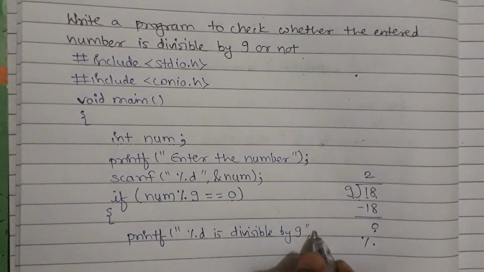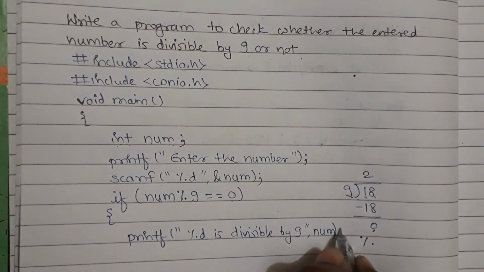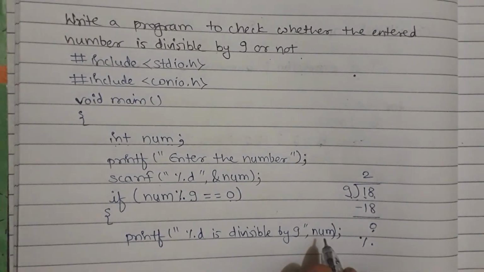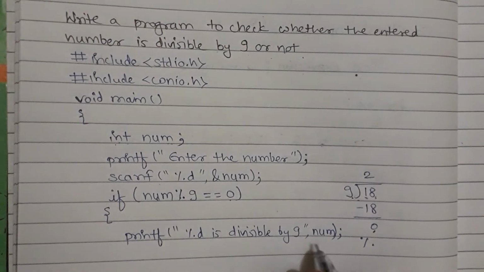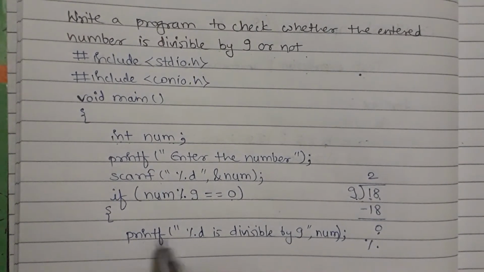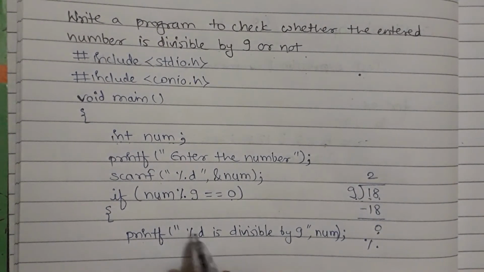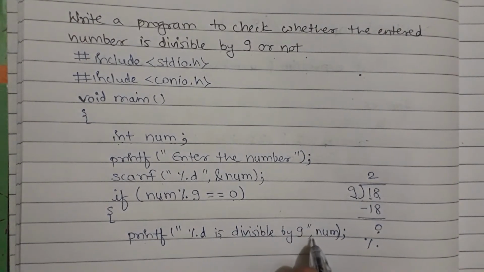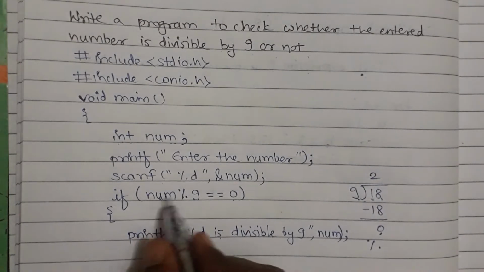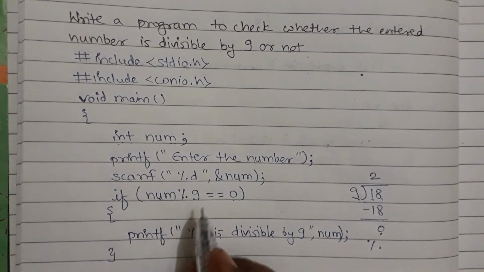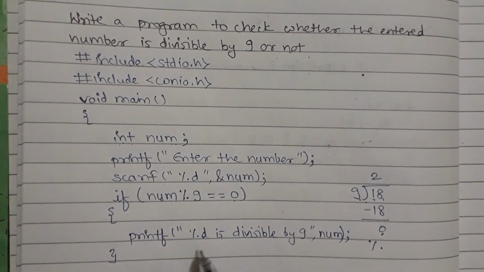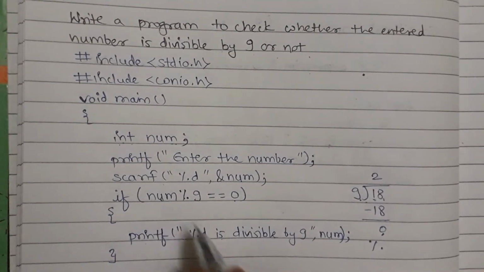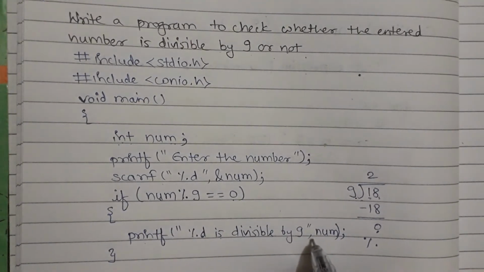Instead of %d, it should print the value of num. So printf, double quotes, %d is divisible by 9, double quotes close, comma, num. Now if this condition is true, then it will print that this num is divisible by 9.